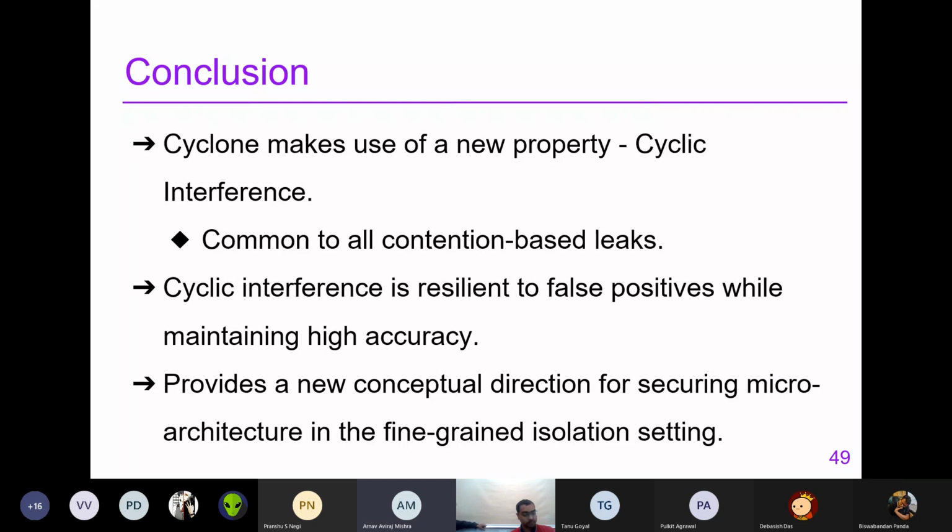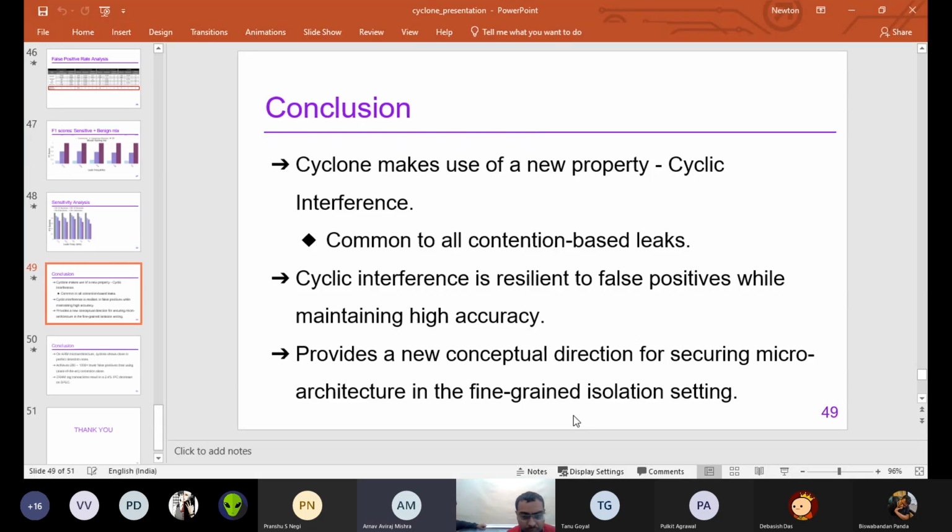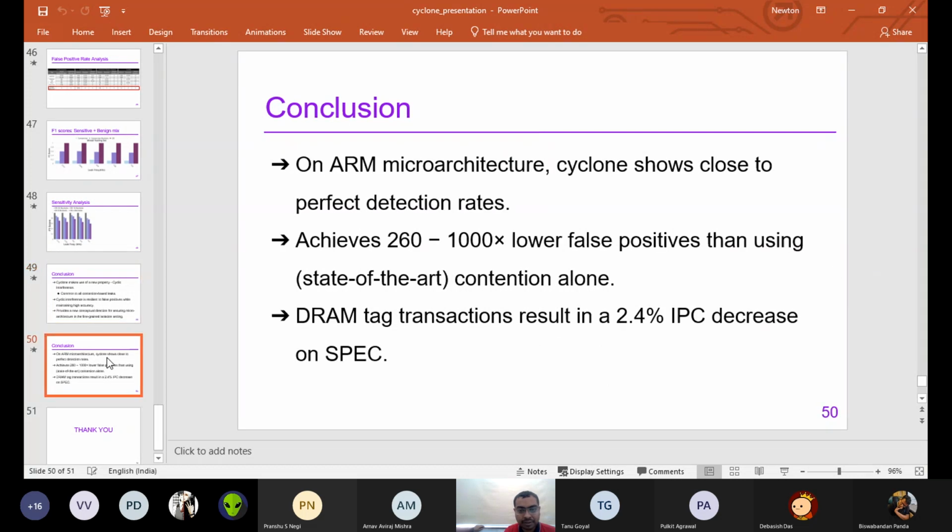Hi, this is Arnav here. What is the overhead of this tagging and computation of the event cycles on the normal processing? Just a minute. It is mentioned that for the DRAM case we have an overhead of 2.4% IPC if you are storing tags at the DRAM level.